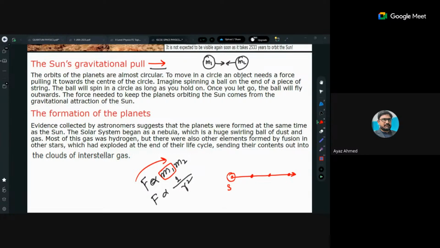Okay, and that is inversely proportional to the square of distance, or you can say that if you increase the distance, that will decrease. Okay. सही है. Yeah, get it.